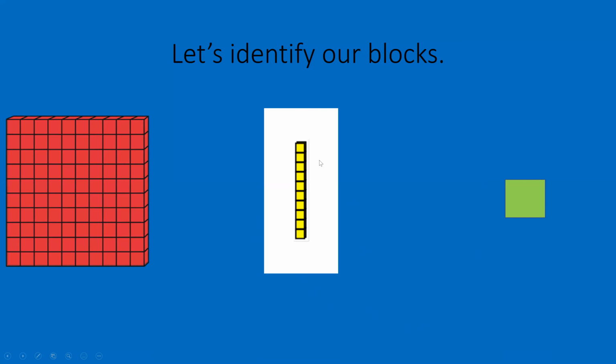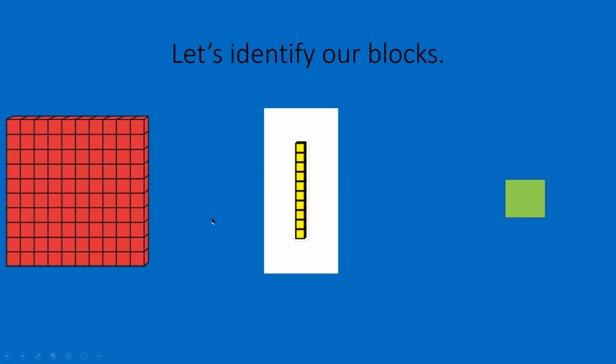This is our 10's block. Now touch our 100's block. Amazing. This is our 100's block. Now please touch the 1's block. Great job. This is our 1's block. So once again, 1's block, 10's block, 100's block.